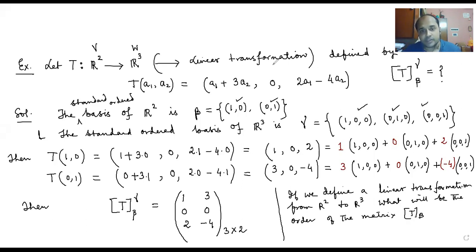It becomes the opposite. You see, it becomes 3 cross 2. The order is 3 cross 2.